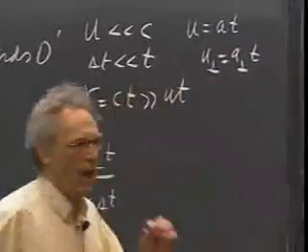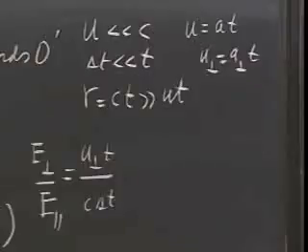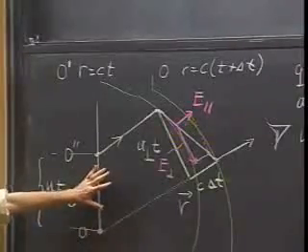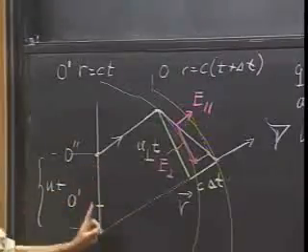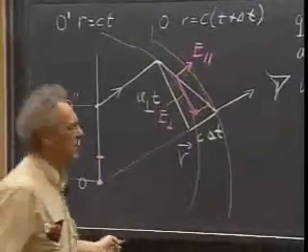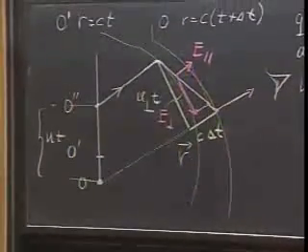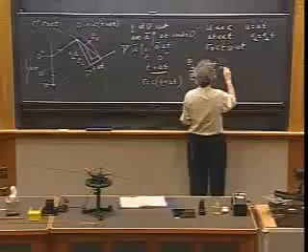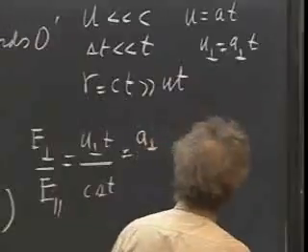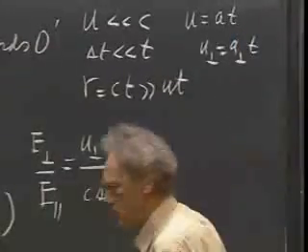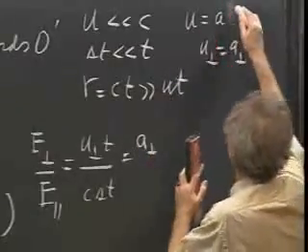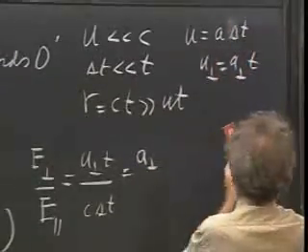A perpendicular is now the component of the acceleration perpendicular to R. I don't want to put it in here because it becomes too cluttered, but I will make a new drawing shortly. I'll put the A in there. Acceleration is in this direction, and so A perpendicular is like this. And so I can replace U perpendicular T by A perpendicular times delta T. You guys should have screamed because the acceleration only lasts for delta T seconds.